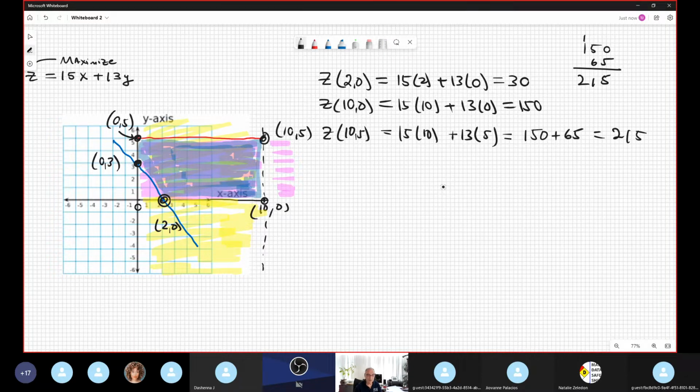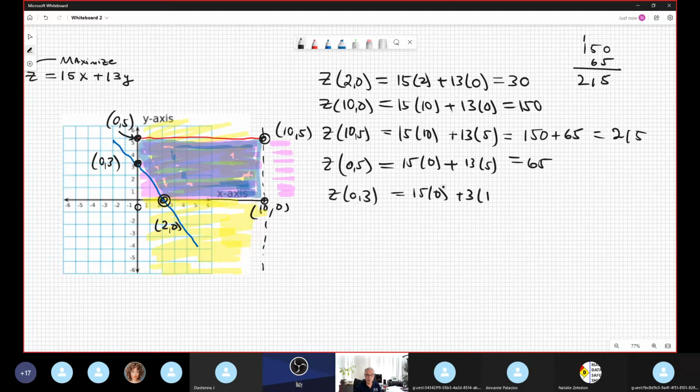Now 0,5: 15 times 0 plus 13 times 5 is 65. And now 0,3: 15 times 0 plus 3 times 13 is 39.